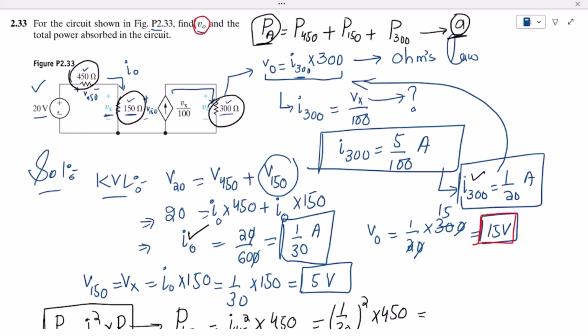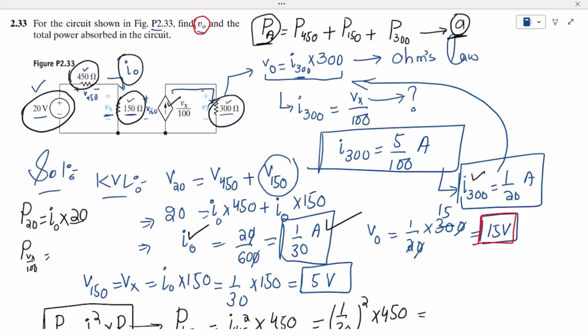If you had to find out the total power provided, it would be the power provided by this 20 volt voltage source. That would be I times V, so the current flowing through this one, that is I naught, multiplied by the voltage associated with it, that is 20. The value of I naught is available, which I have already found out, and the value of 20 is here, so you will get it. And the other source is this one, so it will be Vx by 100.